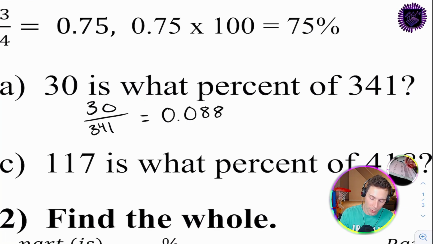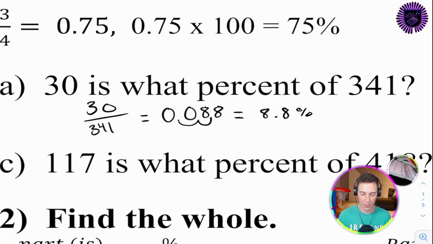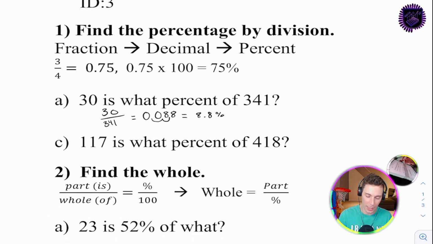Either way, we're going to want to move our decimal places over 2 spots, and this is going to be equal to 8.8%. Right, so it's like we've written this over 100, or you can think of it as multiplying by 100. Either way. 1A, 8.8%.